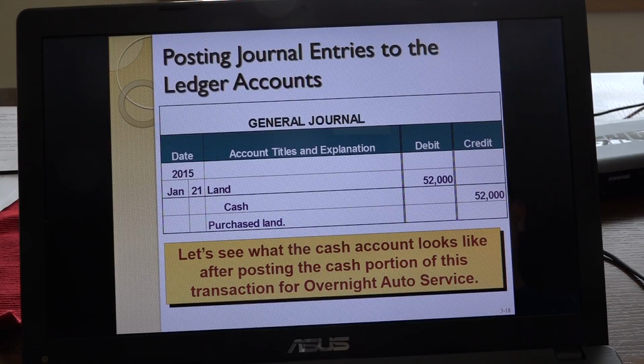And so you need enough explanation to give someone not familiar with the transaction enough information to understand what the transaction was all about.